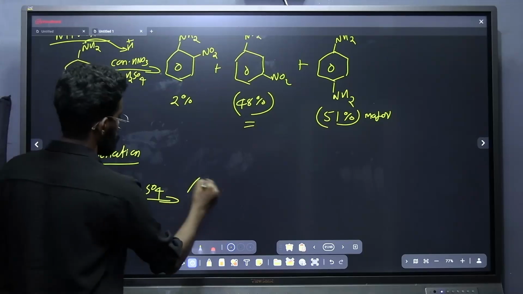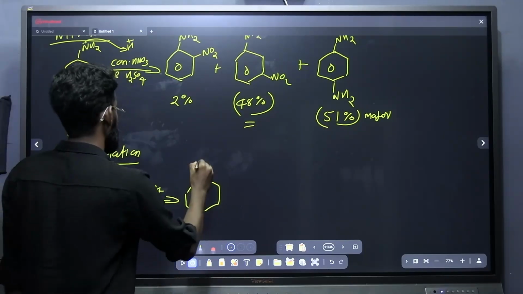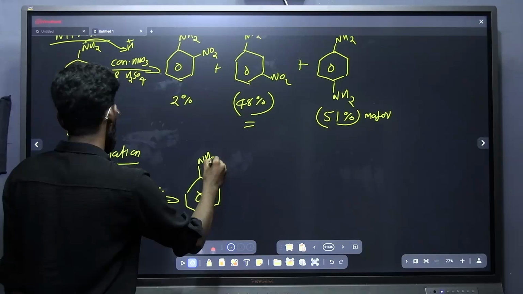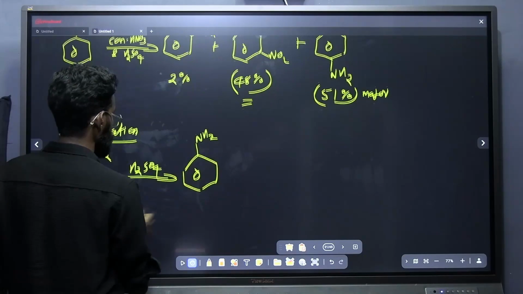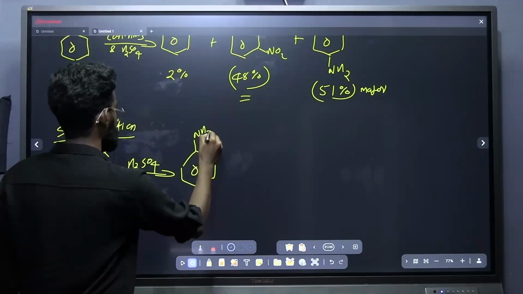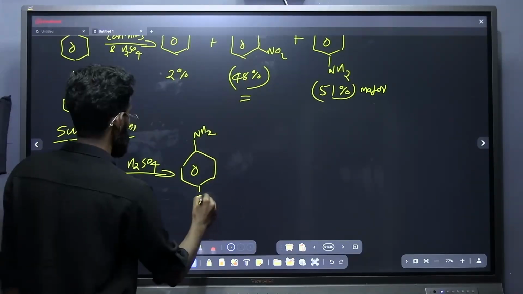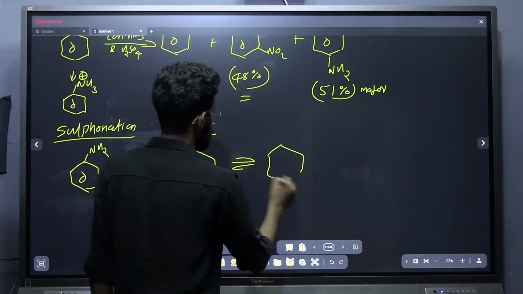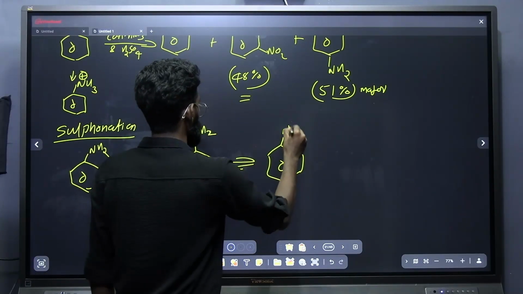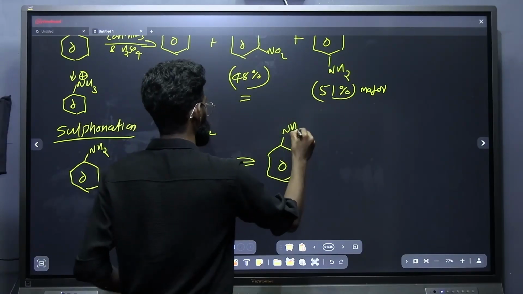What is the product we are getting? Yeah, we will be getting the para one. Para is the major one, and this para product is actually existing in zwitterion form. It will be existing as NH3 plus.